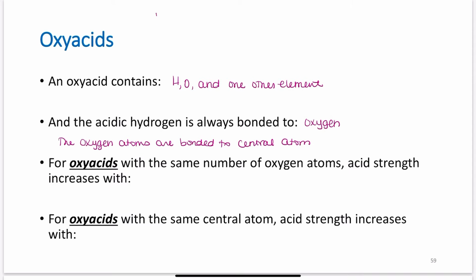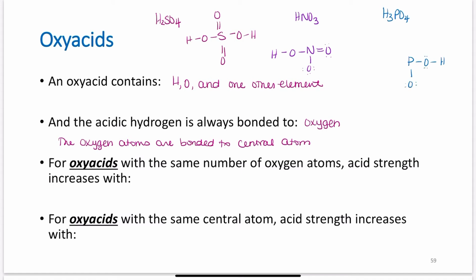So this is like H2SO4. HNO3. H3PO4. I don't usually put all the Lewis dots, but I know sometimes students see them better with that.